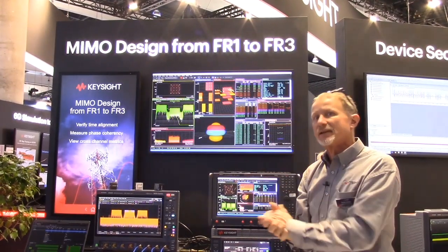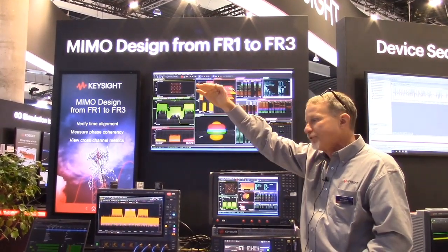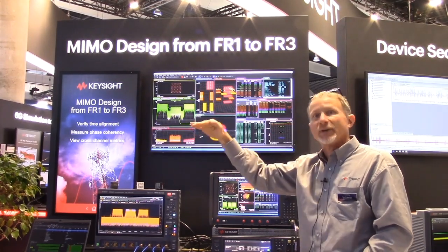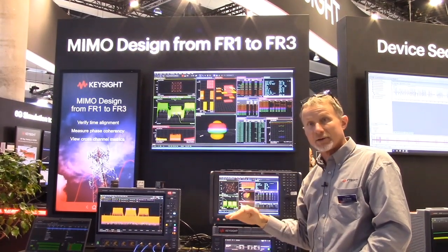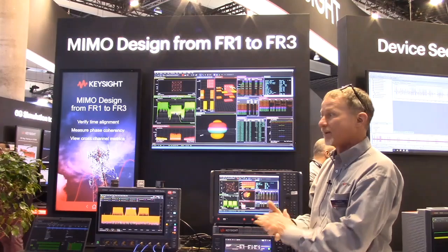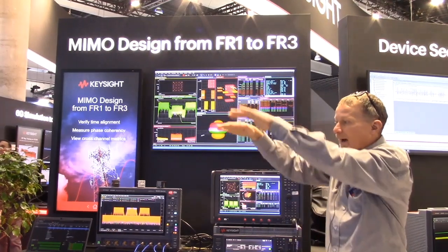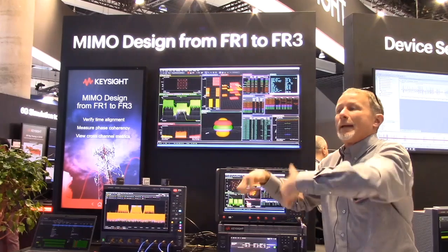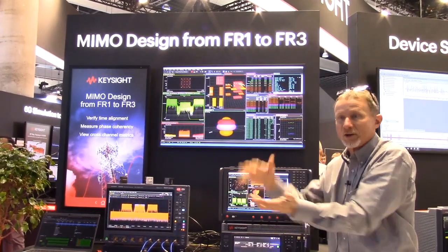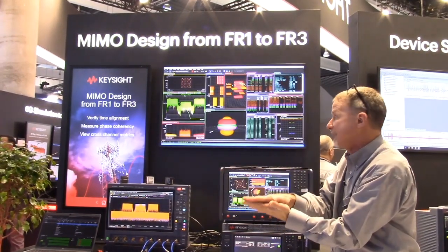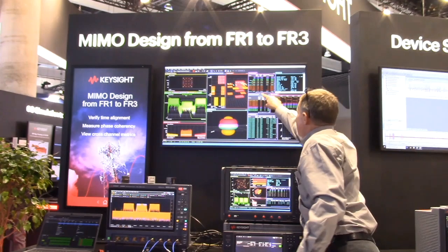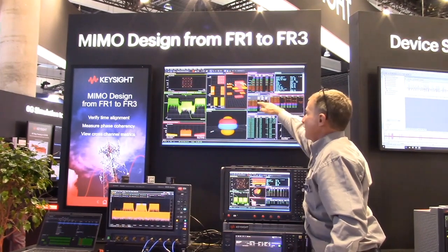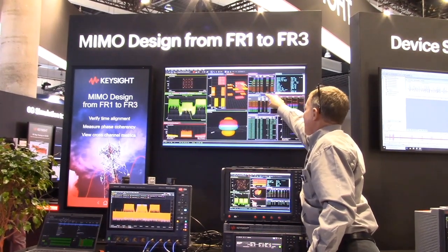Now, the interesting thing here is that I added an amplitude decrease for each of the increasing layers, and we can see what that does in our analysis. As the power goes down, the signal is closer to the noise floor, and that's making the EVM worse because the signal-to-noise ratio is going down. If we look at the frame summary by channel, we see each of the 4 layers there.